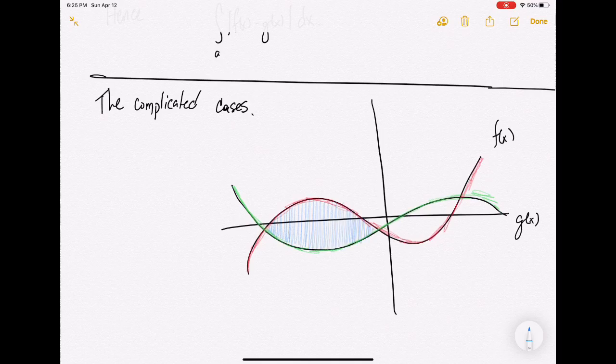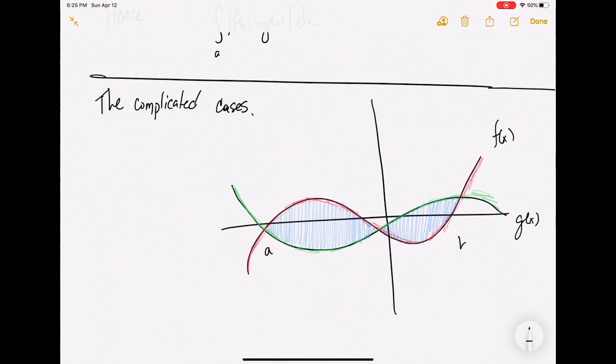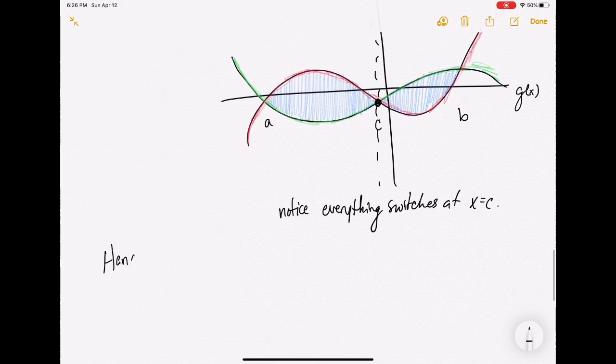And let's suppose that we chose A and B correctly, so that it's just happening at these intersection points. Put A right there, B right there. And then I'm going to call this the point C. So notice everything switches at x equals C. So the way we would handle this is by breaking up the integral.